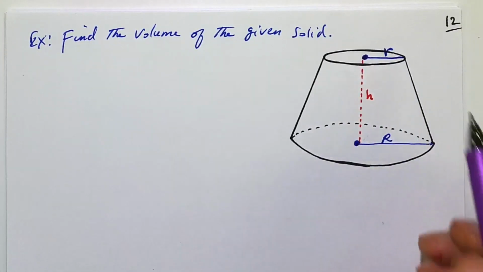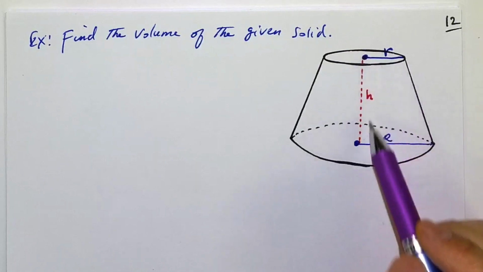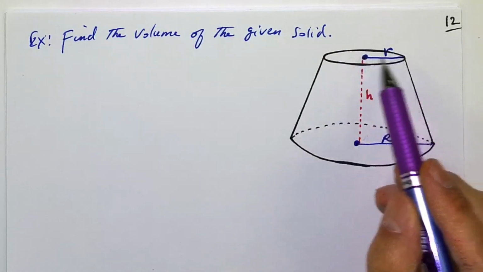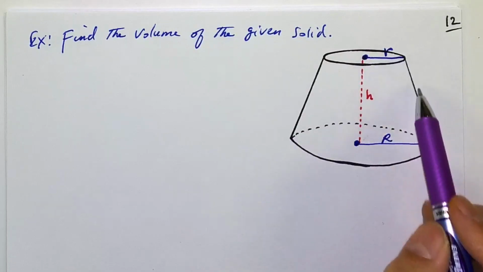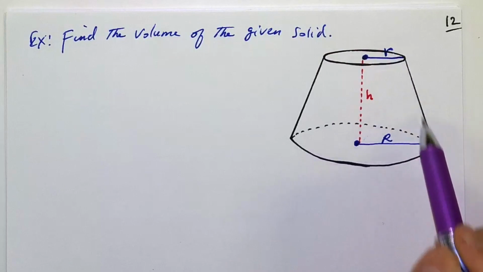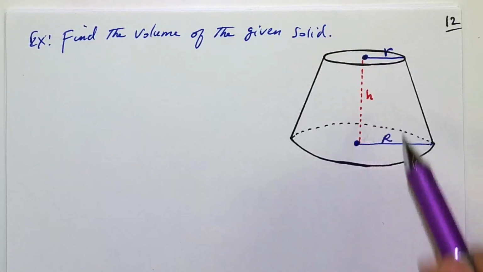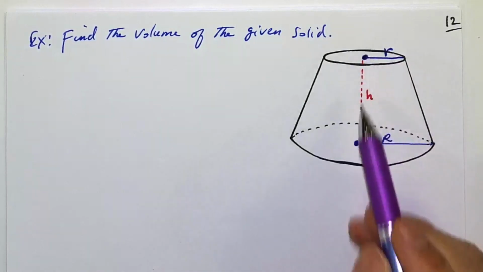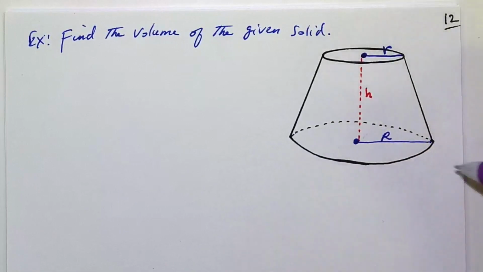So we need to know the function that generates that distance from the center of each circle to the edge of the solid, and see how it varies according to the height of the solid. So we need an equation for the side.